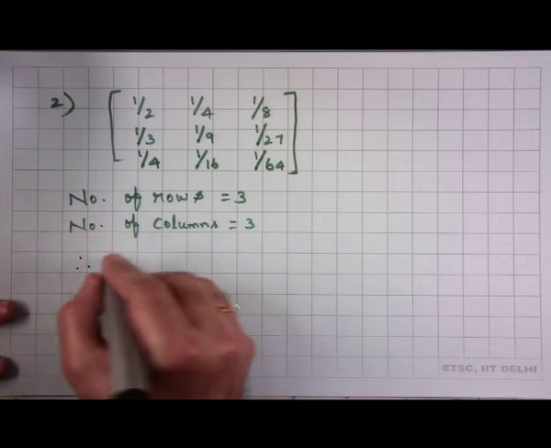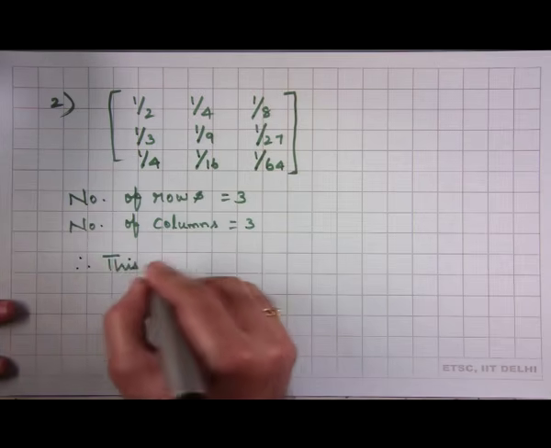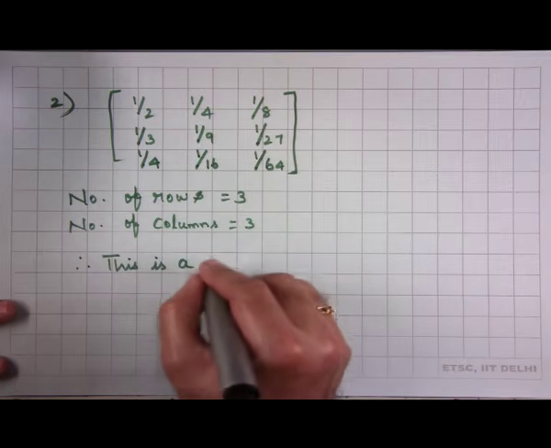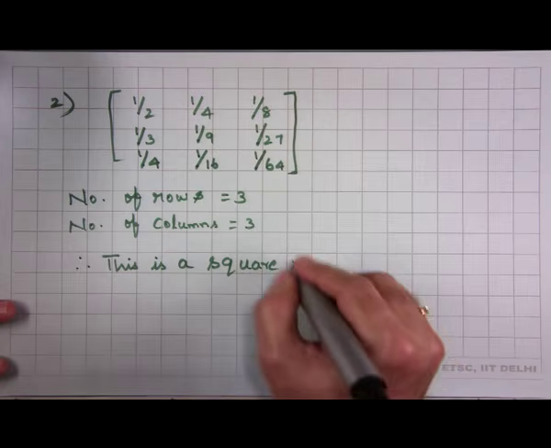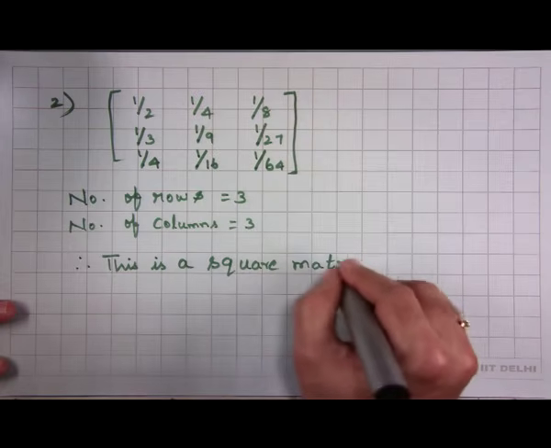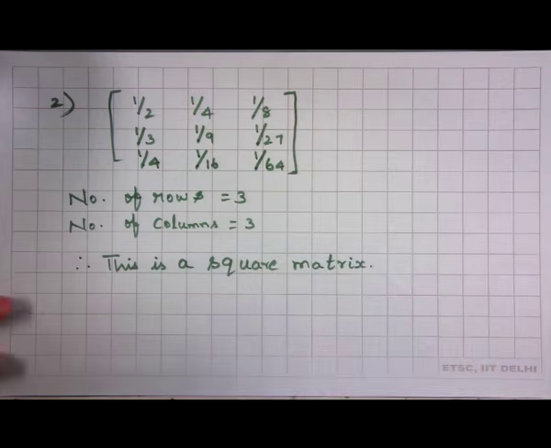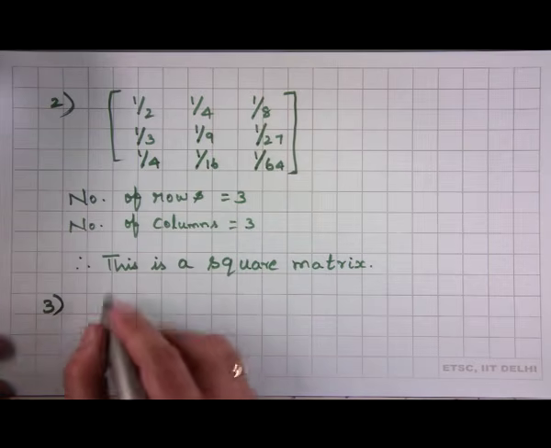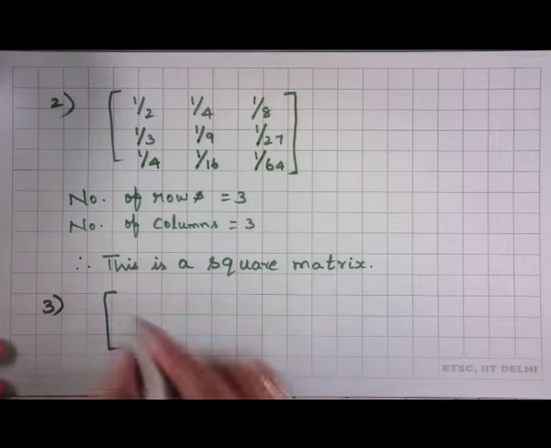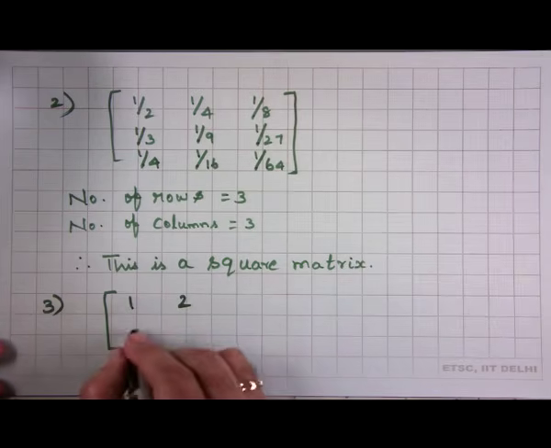Therefore, this is a square matrix. Third one: 1, 2, 3, 4.